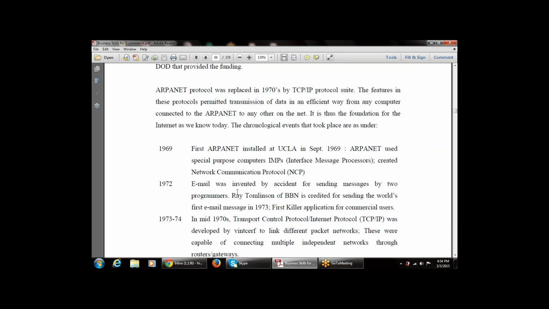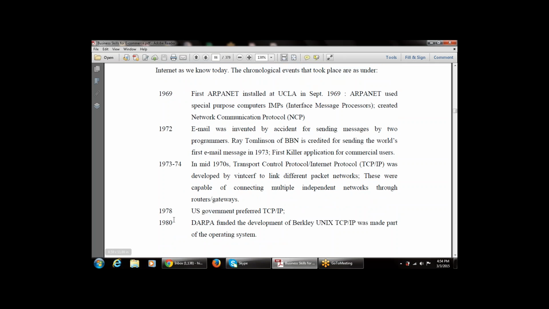These were capable of connecting multiple independent networks through routers and gateways. That is available in 1973 and 1974, in the mid 1970s.